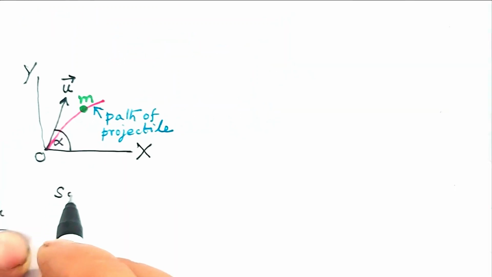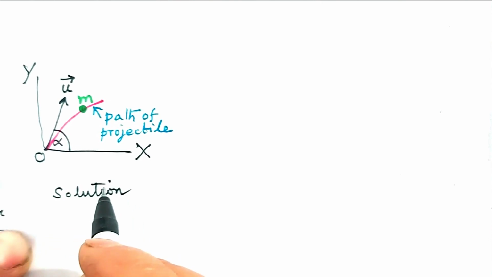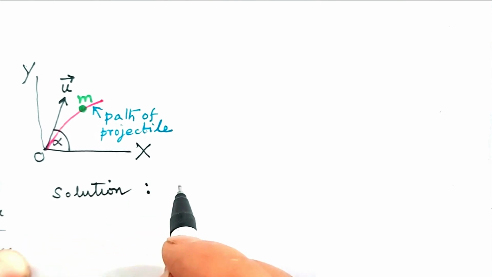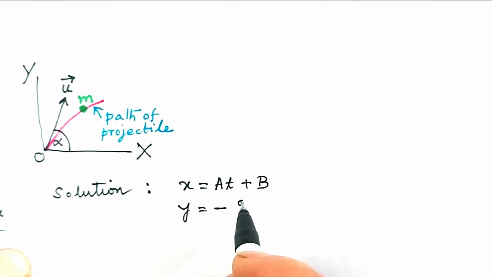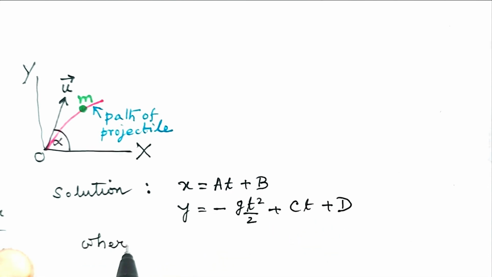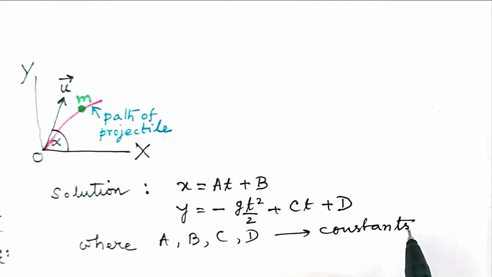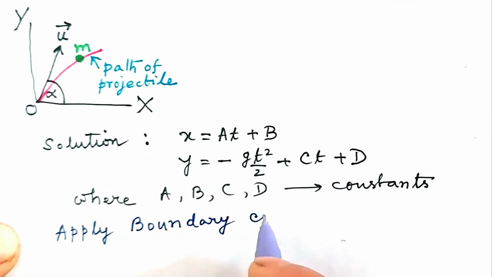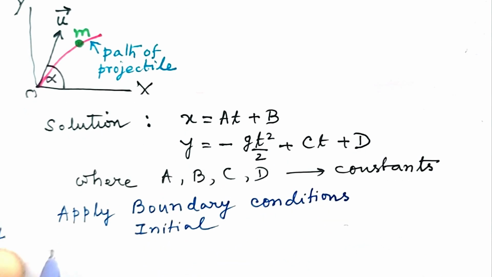We collect and write down the solutions we derived by solving Lagrange's equation of motion, and they are x equal to at plus b and y equal to minus gt square by 2 plus ct plus d, where a, b, c, d are constants to be determined. And to determine them, we apply boundary conditions, which are the initial conditions that caused the projectile to move along a path.